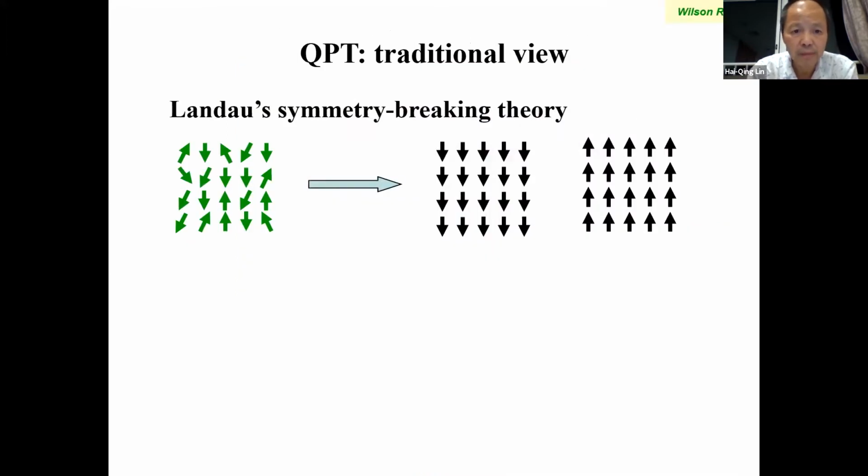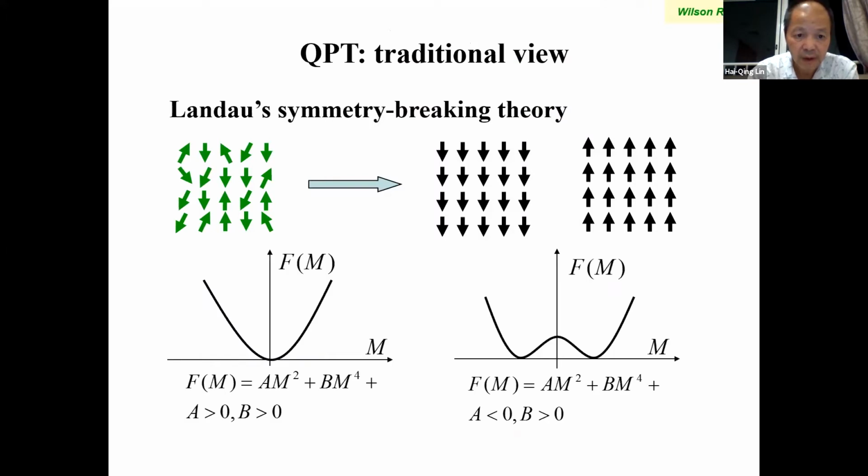Now, traditionally, people use Landau symmetry breaking theory to study phase transitions. For example, in this picture, on the left, all spins are randomly oriented. So there's a corresponding order parameter called magnetic moment. Now, on average it is 0, and the free energy is minimum at m equals 0.